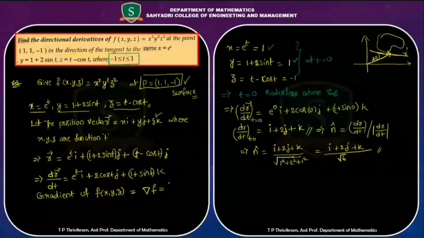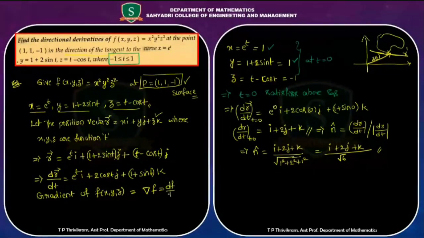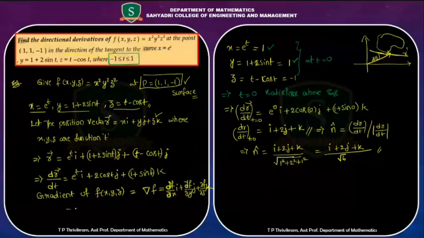This is nothing but ∂f/∂x i plus, you have to write partial differentiation, right? So ∂f/∂y j plus ∂f/∂z k. So what is the del f value from this?